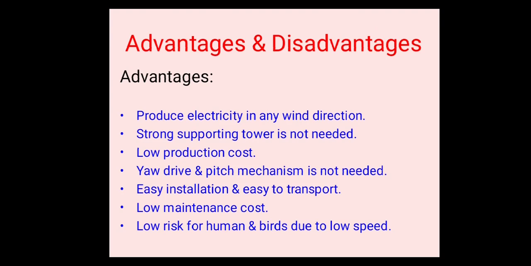In this machine, yaw drive and pitch mechanism are not needed. Also, easy installation as compared to other wind turbines. The vertical axis machine is easy to transport from one place to another. The maintenance cost is low and there is low risk for humans and birds due to low speed. So these are some of the important advantages of the vertical axis machine.